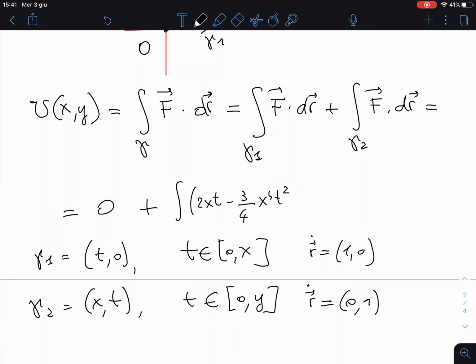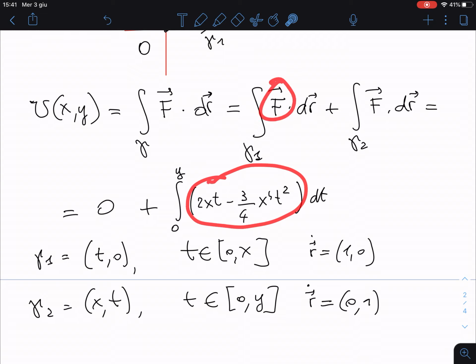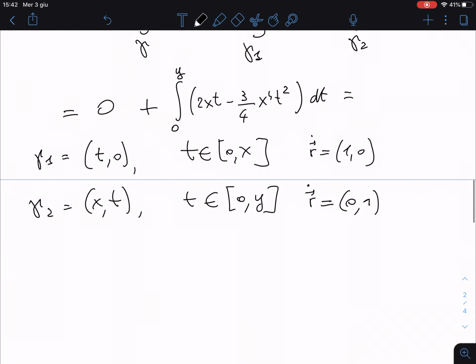Only this component survives in the scalar product, because we have to make the scalar product of f times r dot dt, and r dot is (0, 1). Nowadays this should be quite understood. If not, stop there, understand it, or write me some comment and so on.